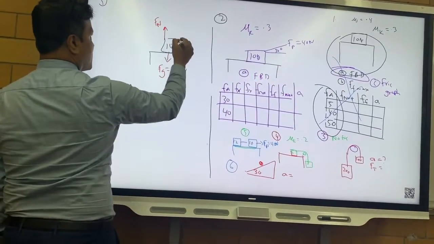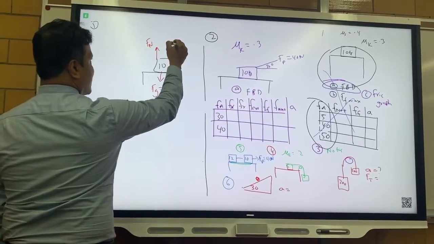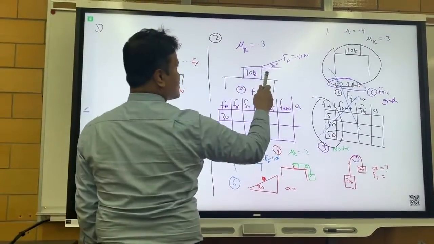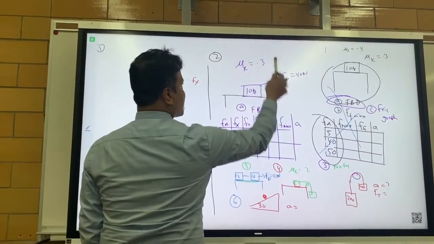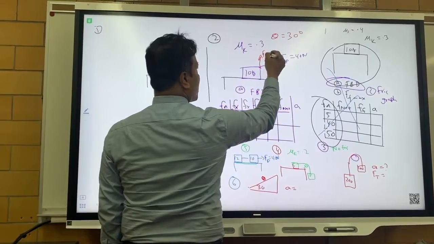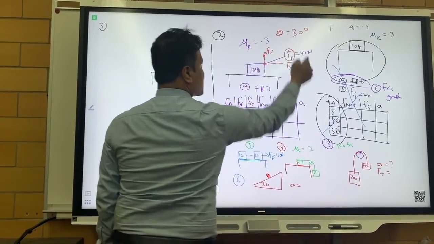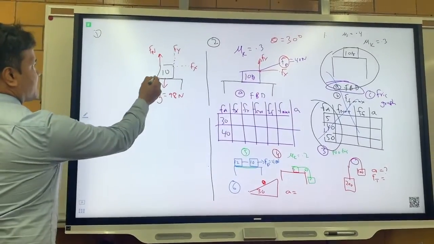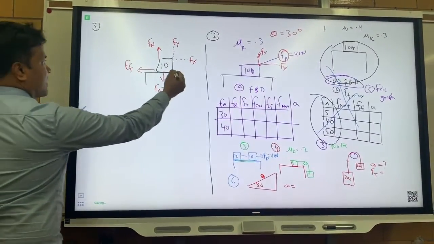We don't know. This is Fy. This is Fx, because this angle is 30 degrees. This one has two components, Fy and Fx. Okay. Alright, these are the things. And then the friction, and then the applied force.